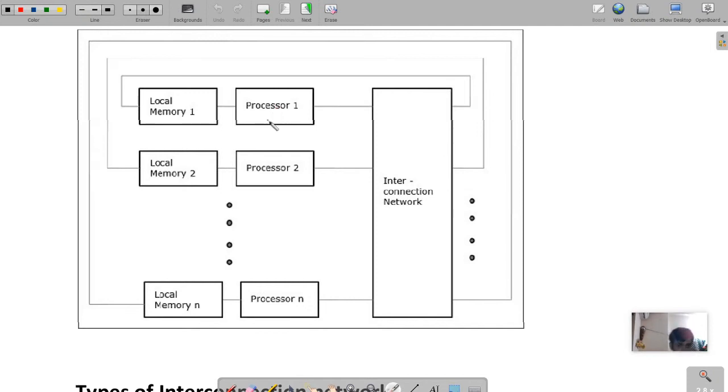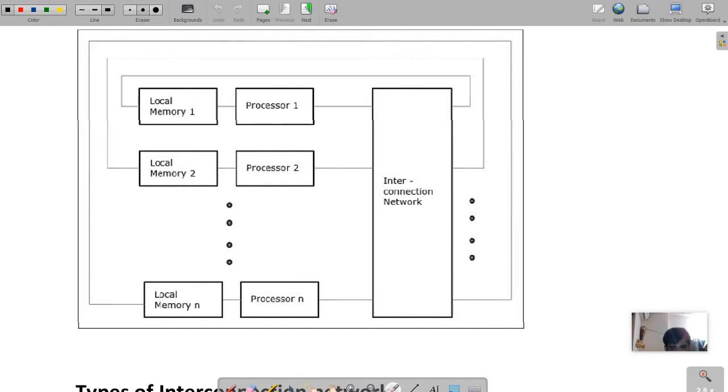Then you might have local memory adjacent to individual processors, as well as centralized shared memory. Now all the processors communicate with one another using the interconnection network. Today we are going to study different facets of interconnection networks and a few types of them.